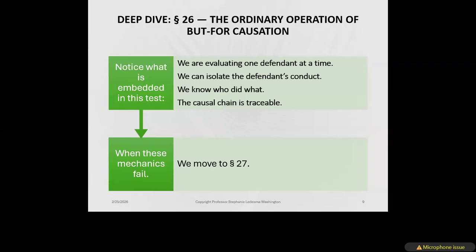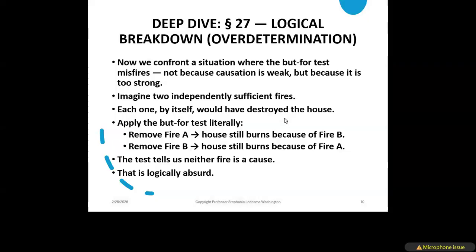Now, if we don't have one defendant at a time, if we cannot isolate the defendant's conduct, if we don't have a traceable causal chain, then we move to 27, which addresses the but-for test when we have circumstances of a logic breakdown.